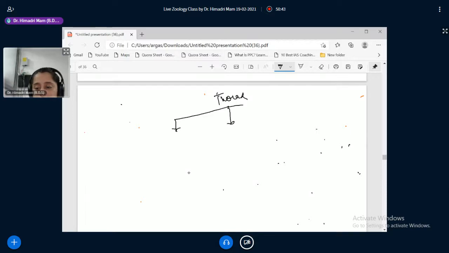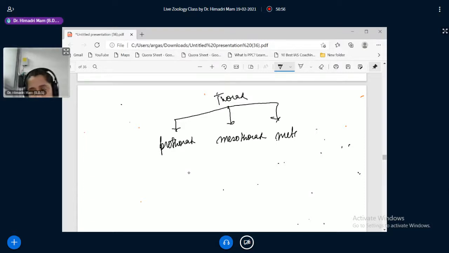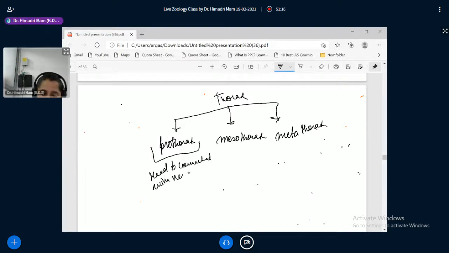Thorax is divided into prothorax, mesothorax, and metathorax. Now, prothorax basically connects the head with the neck. Right.